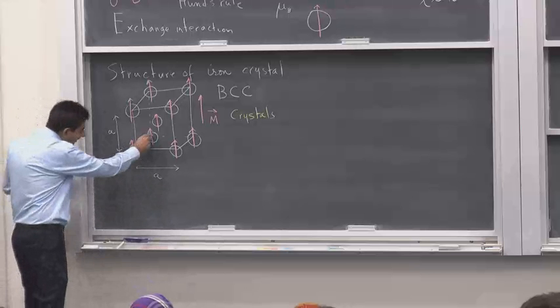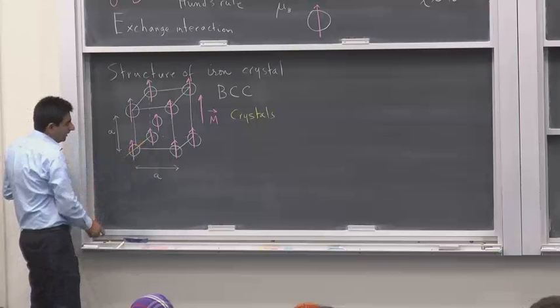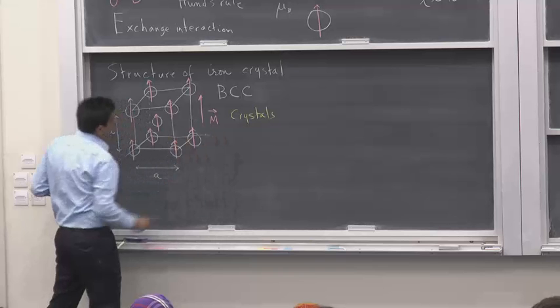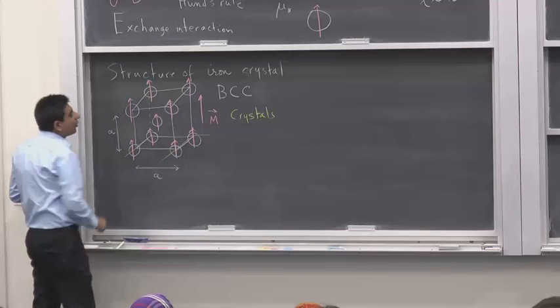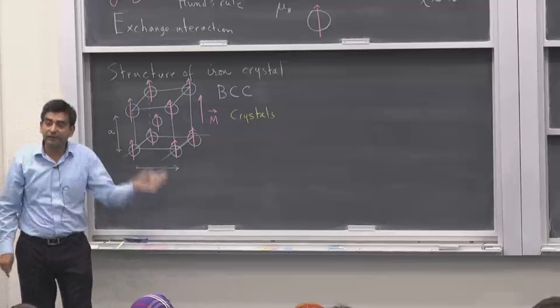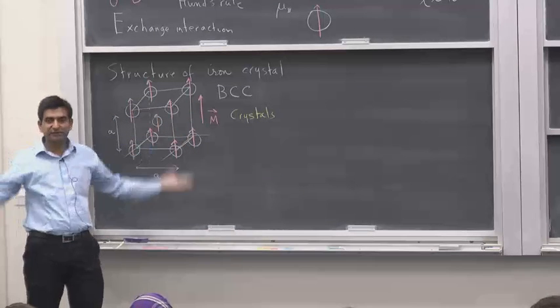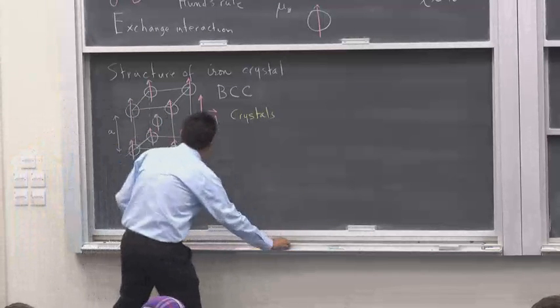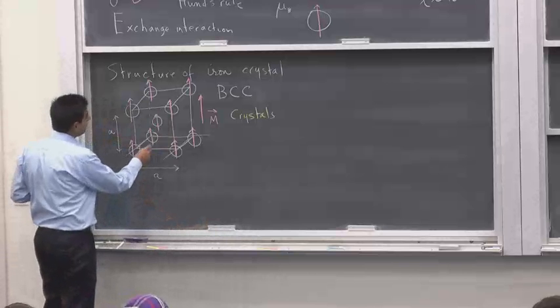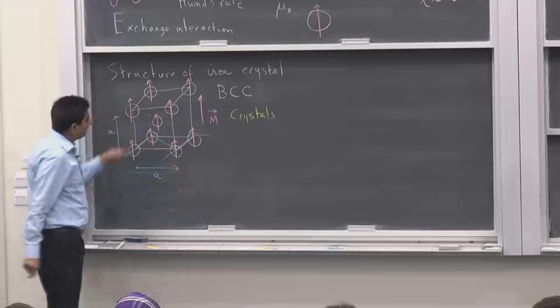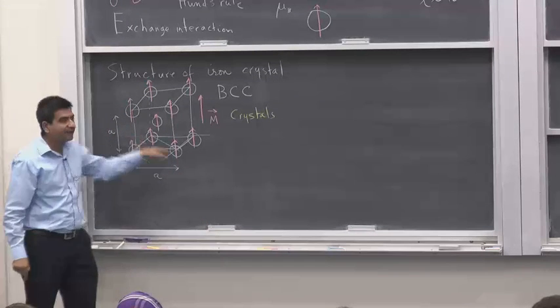This direction along the edge, this direction along the edge, this direction along the edge, all of these directions no doubt are equivalent. There's no difference between this direction and moving in this direction because it's a three-dimensional structure. However, these directions are distinctly different from this direction that I've drawn, which is diagonal on a face.